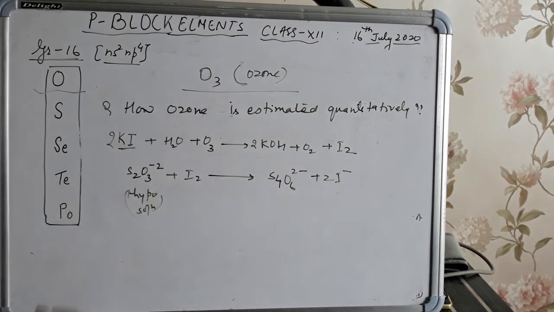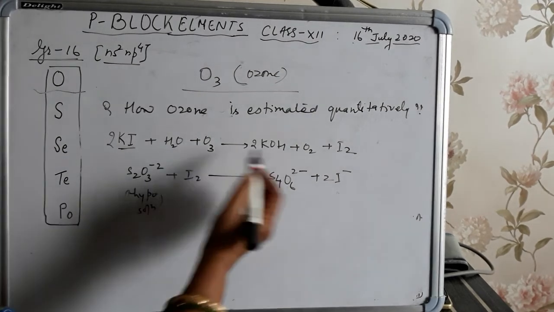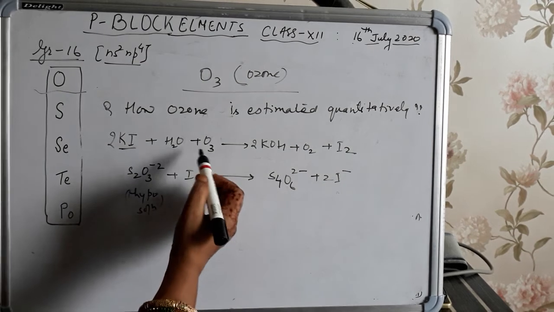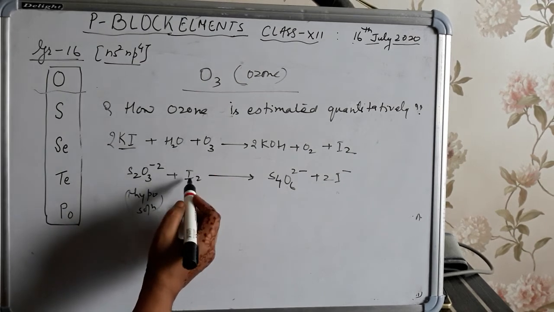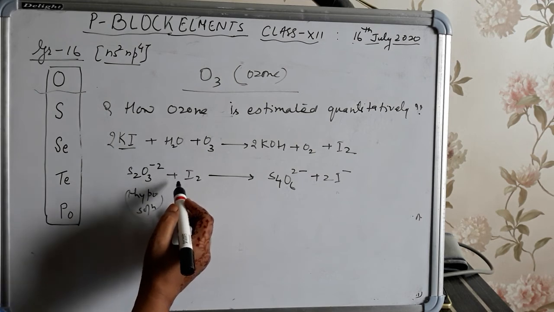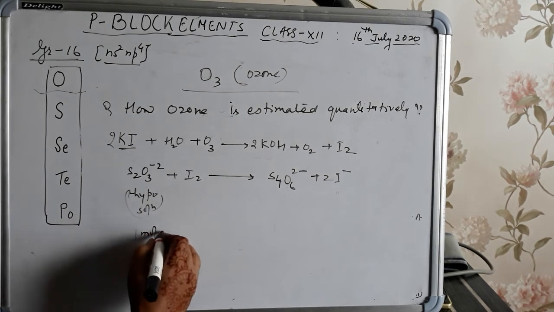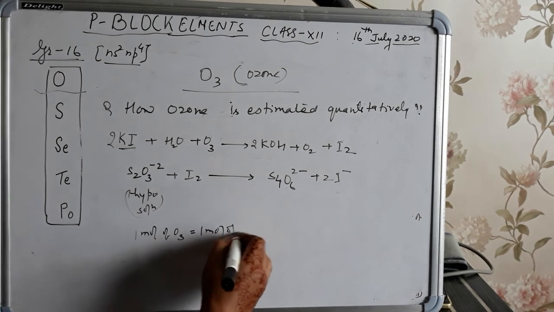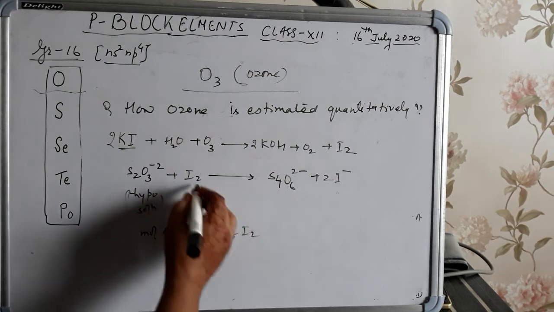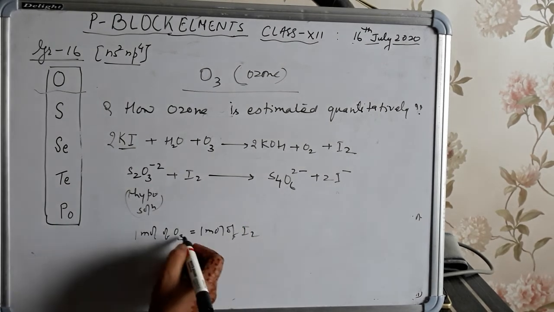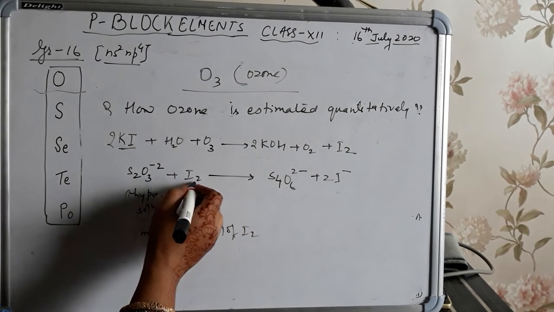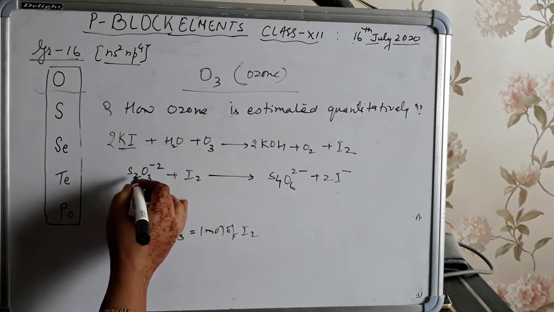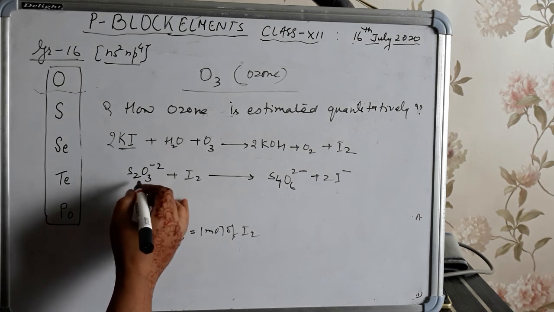So how can we know how much ozone is estimated quantitatively? By the balanced equation, if we use 1 mole of ozone, 1 mole of ozone gives 1 mole of iodine. How can we know that 1 mole of iodine is formed from 1 mole of ozone? For knowing this iodine, we will take a known concentration of hypo solution.